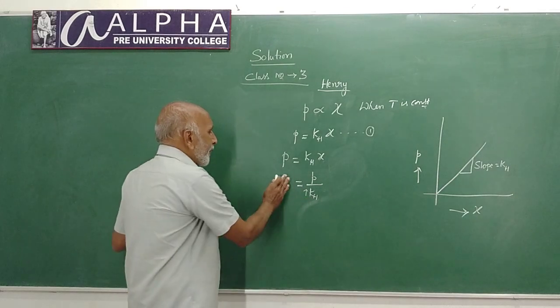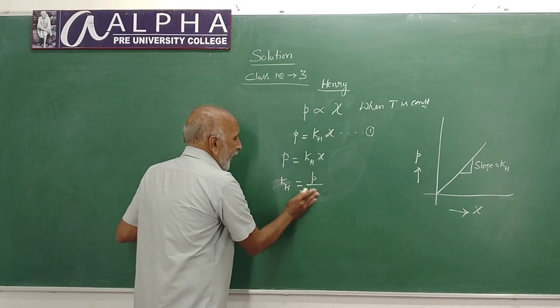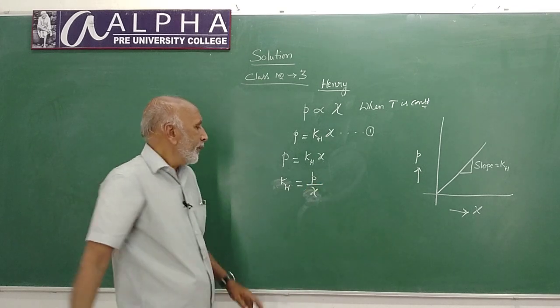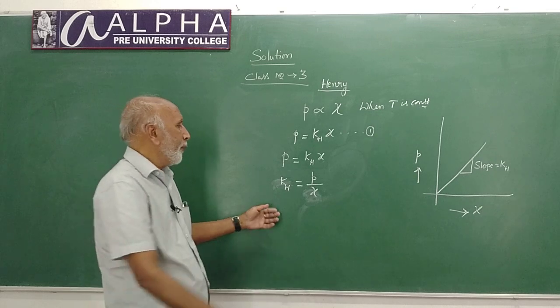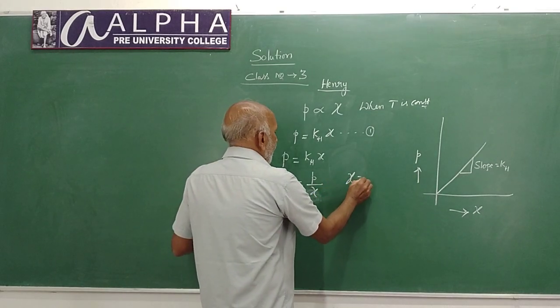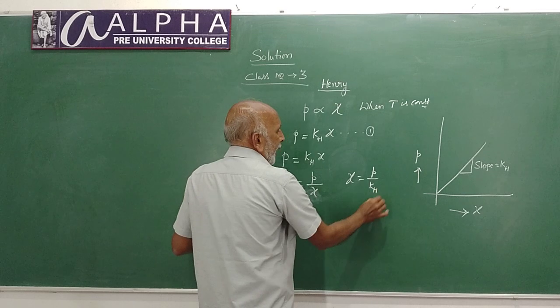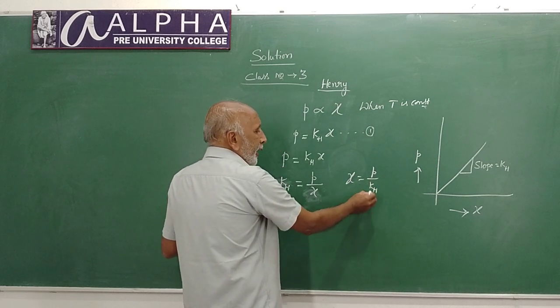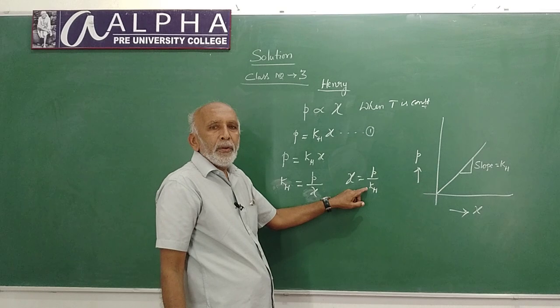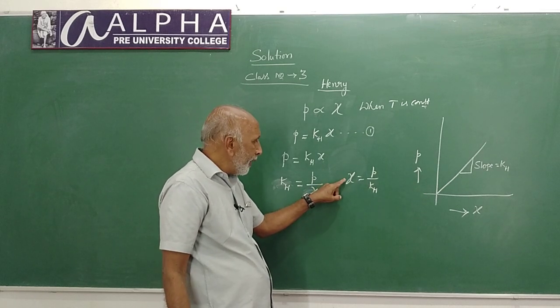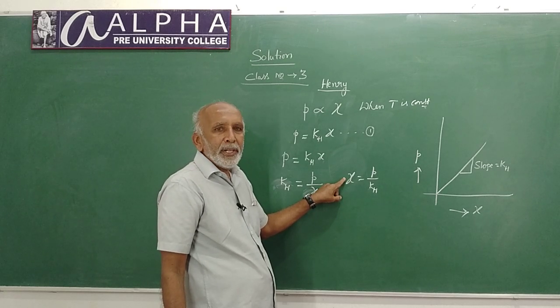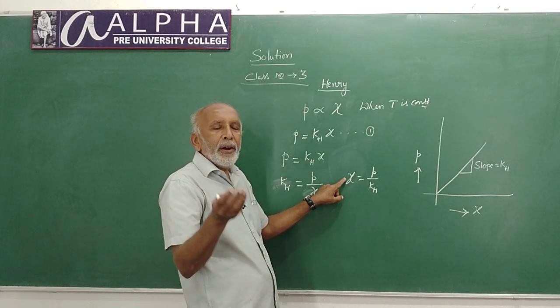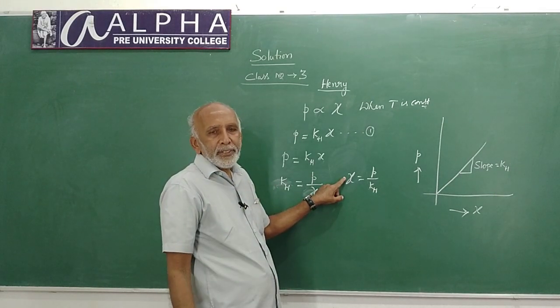Or else you can write this as KH is equal to P by chi. You can write in this form also, that is chi is equal to P by KH. See, the higher the KH value, the higher the Henry's constant for the given gas, the lower will be its solubility. What is chi? Solubility, the mole fraction of the dissolved gas. Mole fraction of the dissolved gas means the amount of dissolved gas present in the solution.